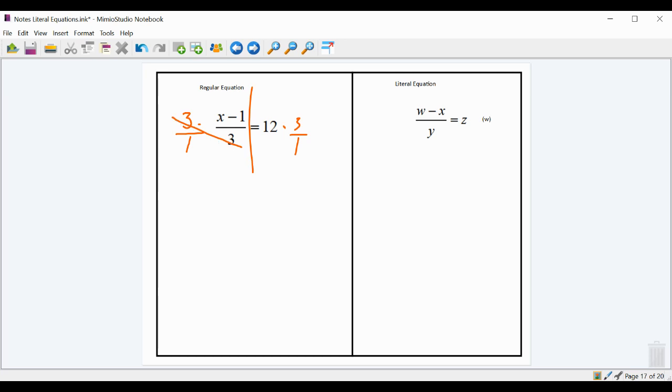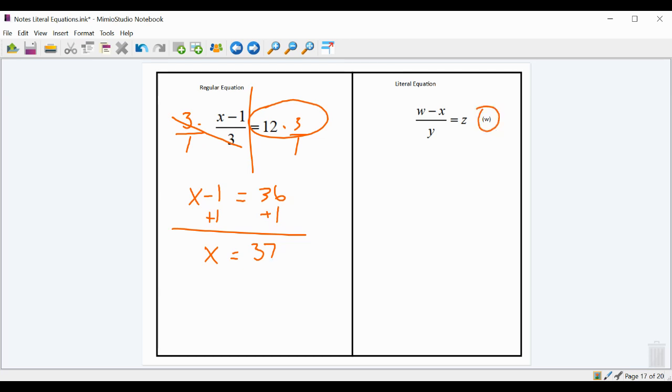So now those are going to simplify to 1. 1 times x minus 1 is x minus 1. Now we get 12 times 3 on top over here is 36 over 1. How do you undo subtracting 1? Adding 1. So we get x equals 37.